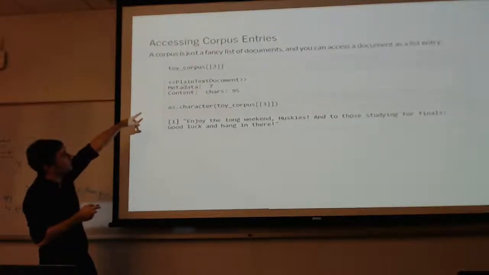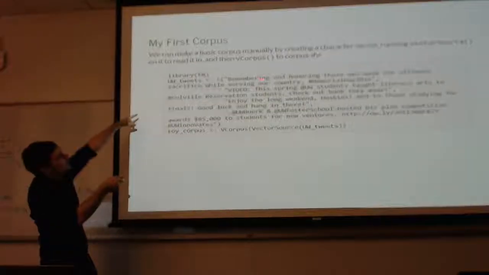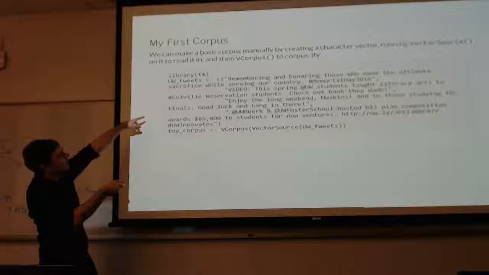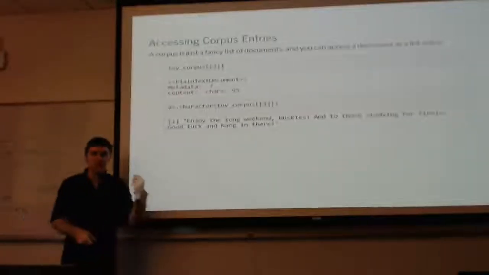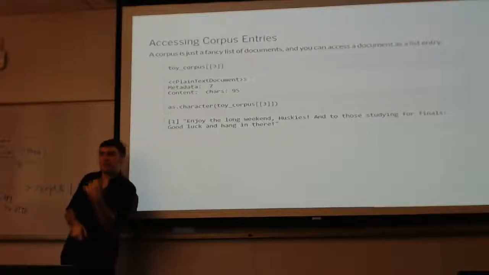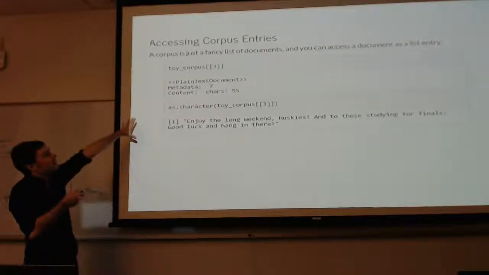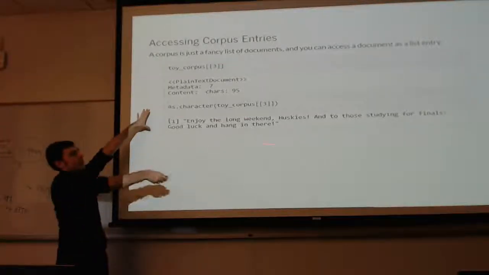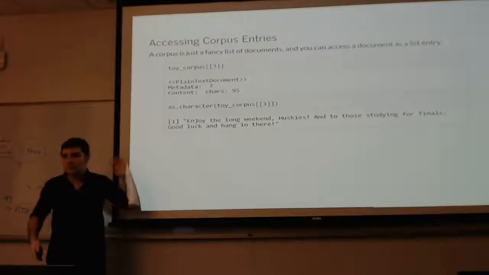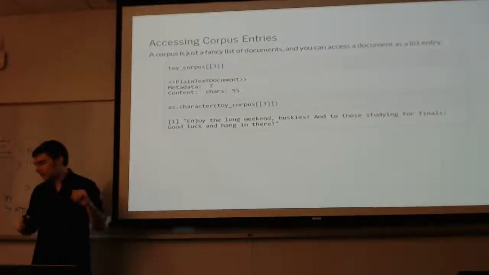I'm not entirely sure what the 7 elements of metadata are, but they're there. I'm not super familiar with this because I don't do my own text mining, but I know this is how people do it. If you do as.character on this, it will just display that particular document.